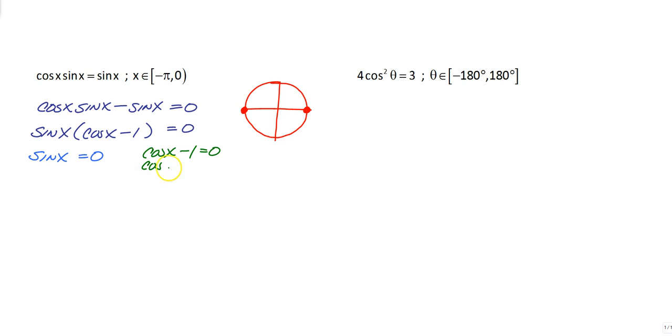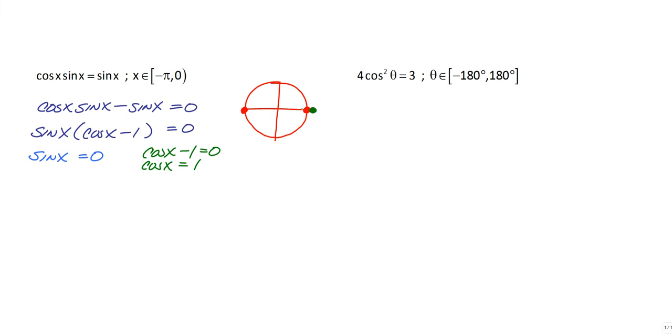So we have cosine of x is equal to 1. Now cosine is equal to 1 only at 0. So that one right there is a little crazy. Now I put it off to the side just so you can see that we have two different answers.